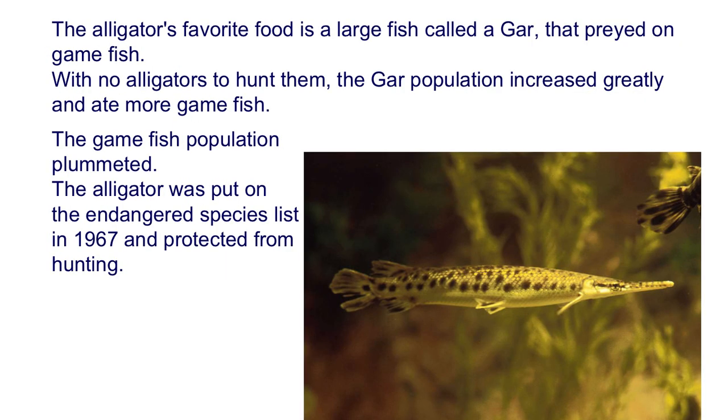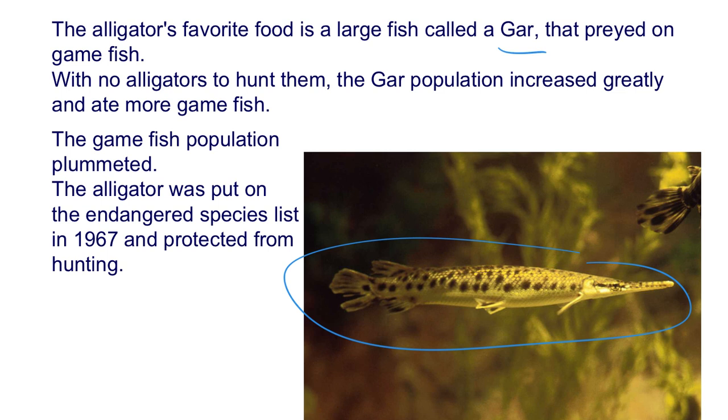Well, alligators, it turns out, actually prefer the gar, this fish right here, which isn't a game fish at all. So these gars actually are predators of game fish. The juveniles, not the big adults, but the juveniles of game fish.